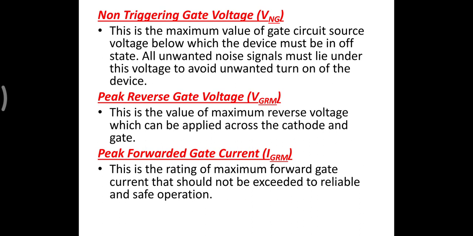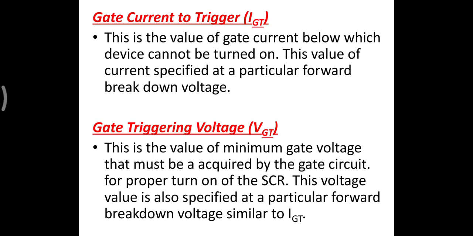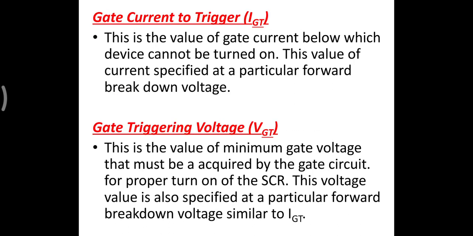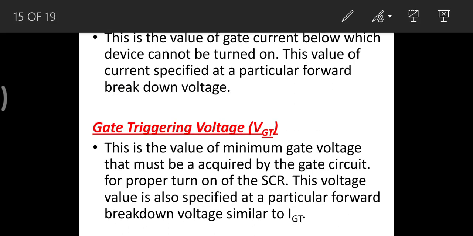Previously we saw gate triggering voltage, which is the minimum voltage to turn on the SCR. Here, non-triggering gate voltage means the voltage below this gate triggering voltage.